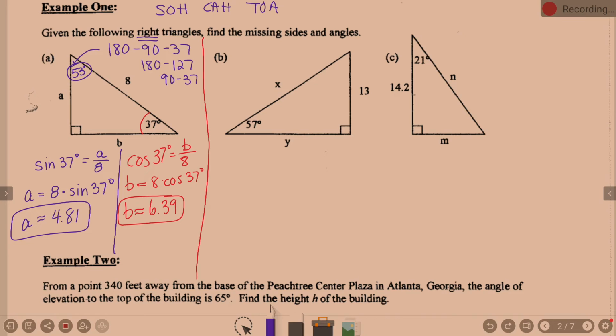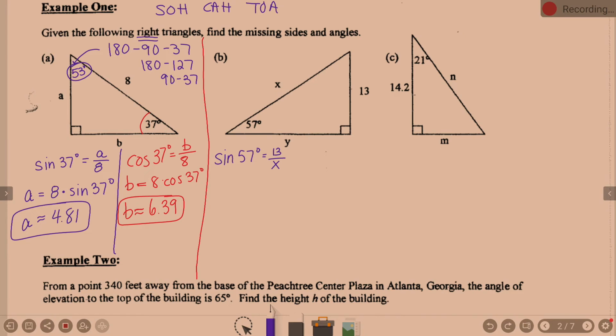Sine of 57. Okay. Sine of 57. And if we do sine of 57 degrees, that's going to be what? 13 over x.